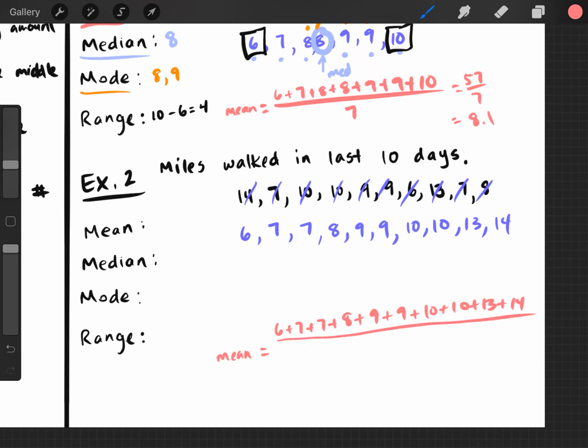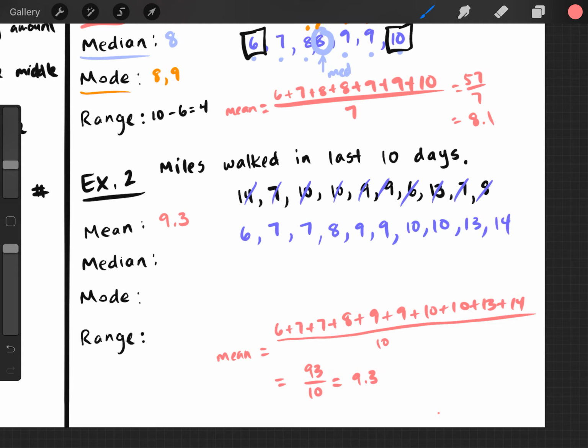It's not hard, just make sure you try to keep your information organized in whichever way you can. 6 plus 7 plus 7, 8, 9, 9, 10, 10, 13, 14. Got 93 there. So for our mean, we're doing 93 divided by 10, which is going to be 9.3.